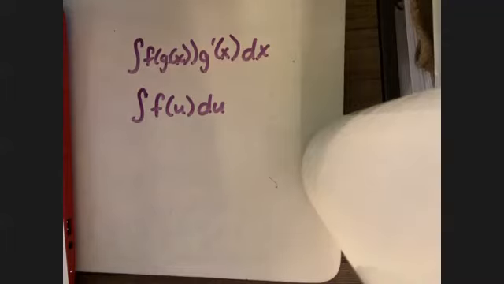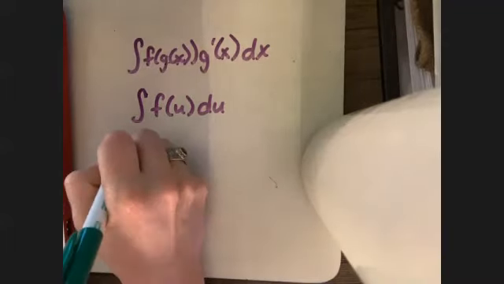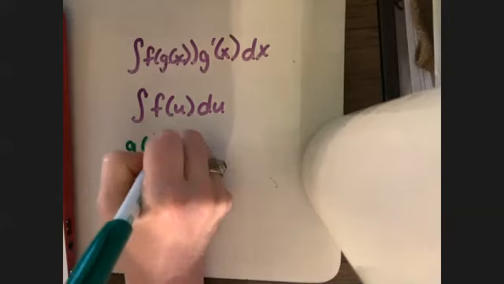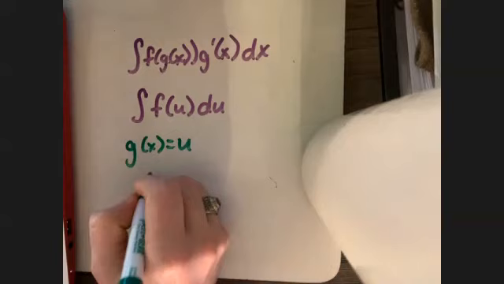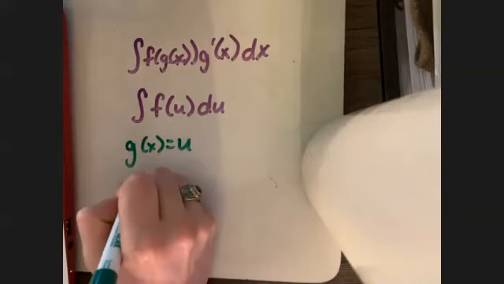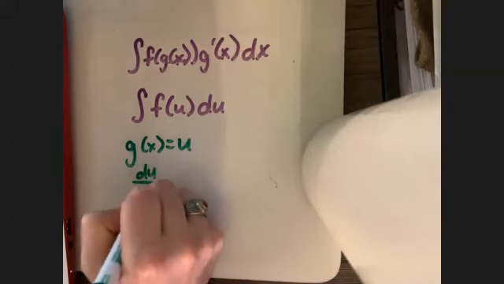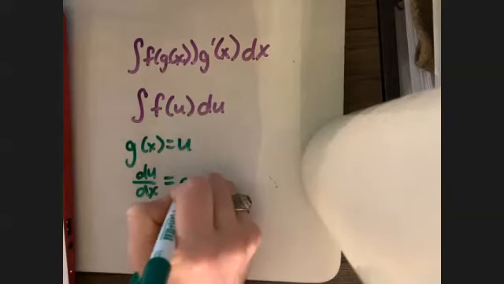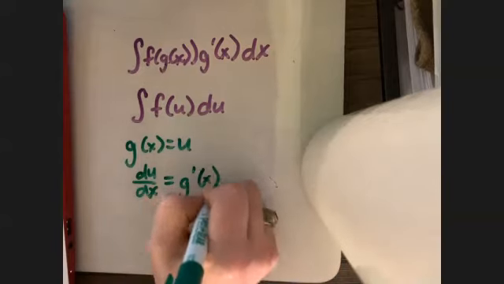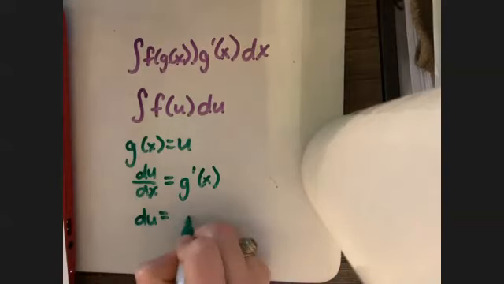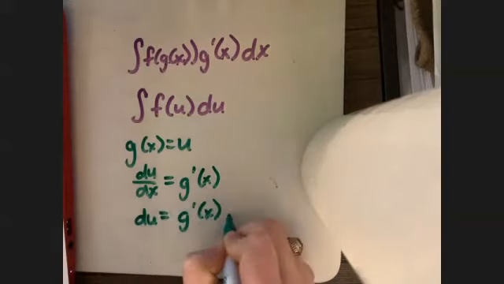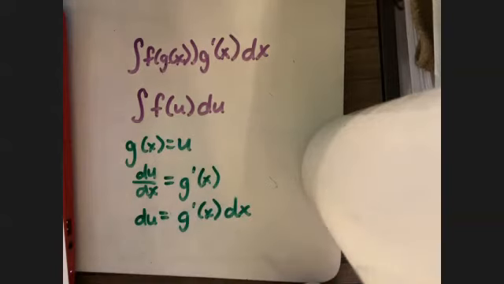Now, steps to doing this, okay? We got to get g of x to be u, okay? We need du dx to be g prime of x. Now, most of the time, we're also going to have to do this. So du is going to be g prime of x dx, okay?